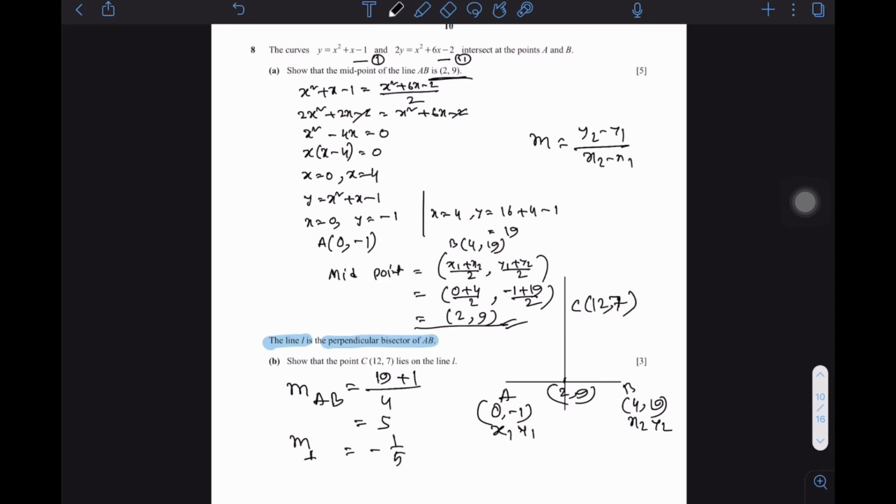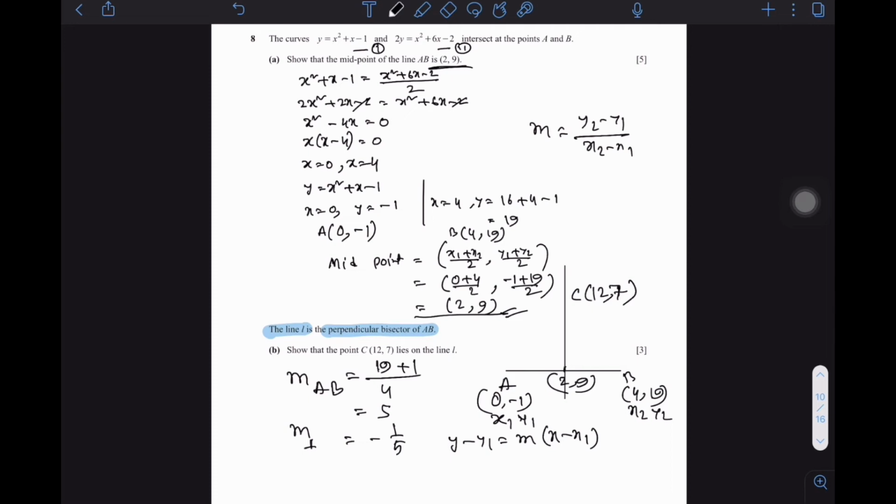So we can easily find the equation y minus y1 equals m times x minus x1. The line passes through the point (2, 9). y minus 9 equals m is minus 1 by 5 times (x minus 2).